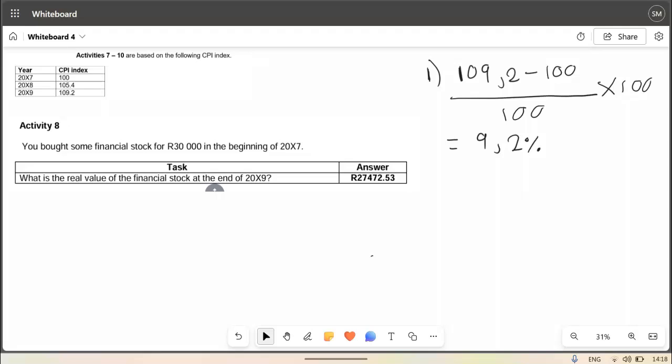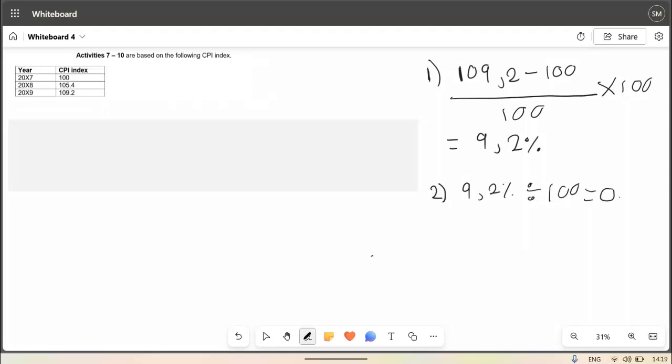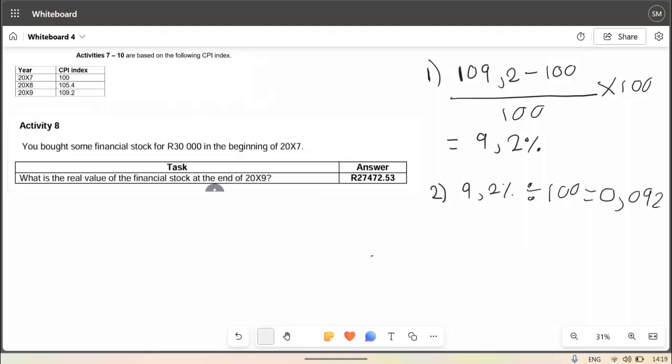Then we go to step number 2. Now remember, for step number 2, we said that we want to be working with decimals. So I'm going to then take my 9.2% divided by 100, and I'm supposed to get 0.092. Now, I want to get the impact that the inflation rate has on the value of my financial stock, right?